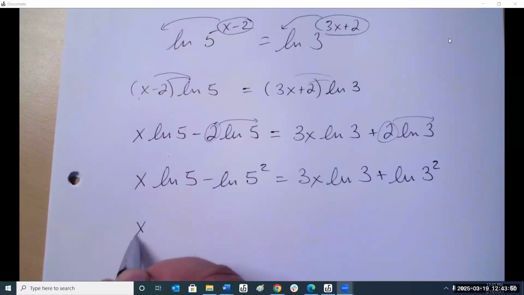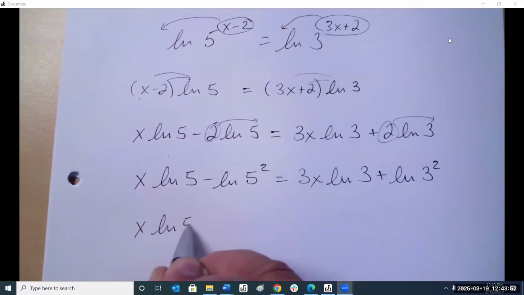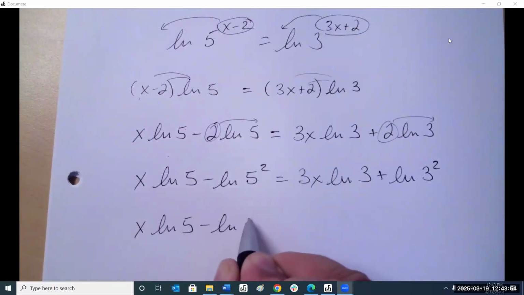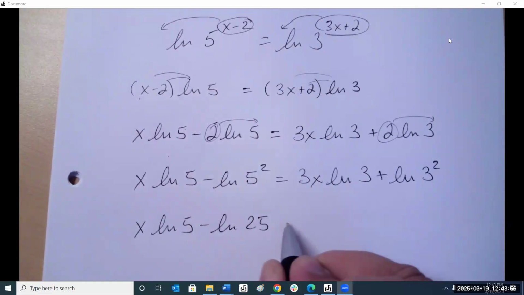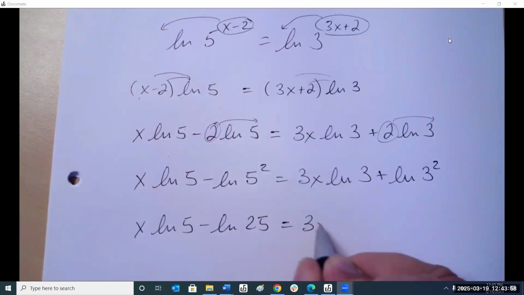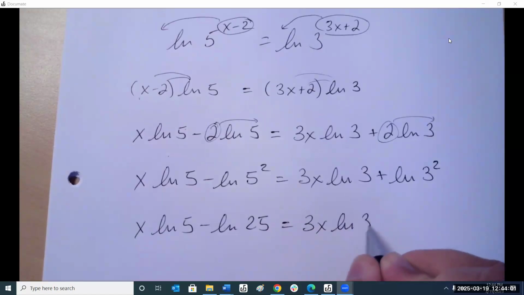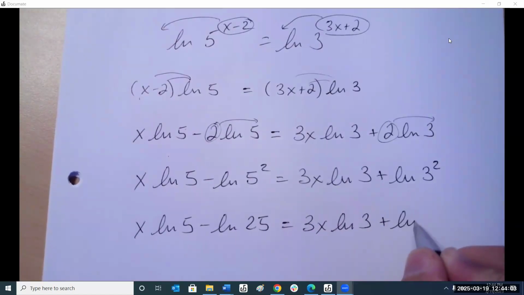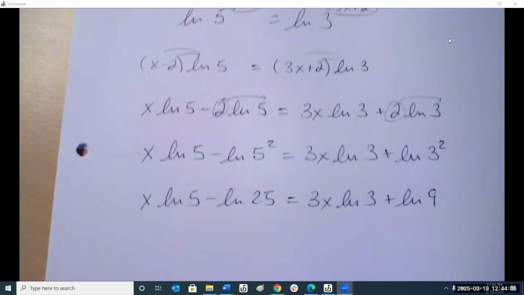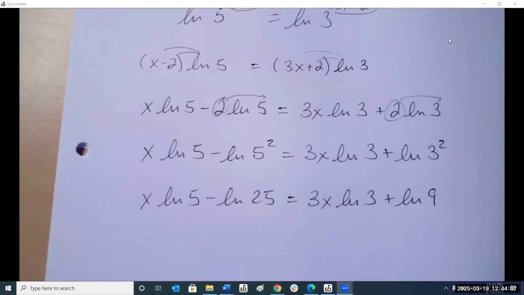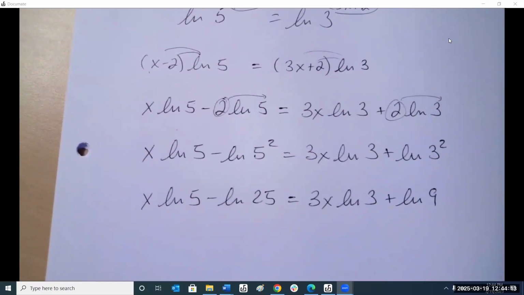So it's going to be x ln 5 minus ln 25, 3x ln 3 plus ln 9. Now we have to get the x's on one side and everything that's not an x to the other side.